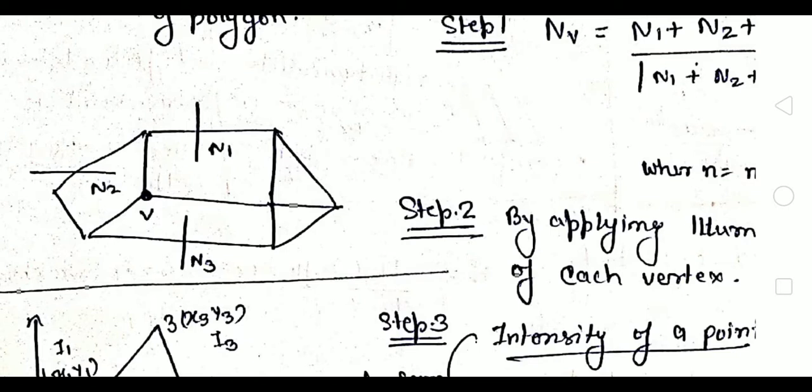Here three surfaces share the vertex, so the three surfaces have their own normal vectors: the first surface has n1, the second surface has n2, and the third surface has n3. So these three normal vectors share one vertex. Now you have to find the average of these normal vectors.